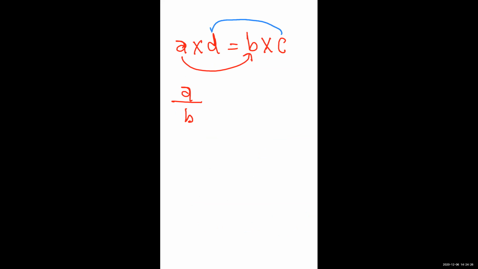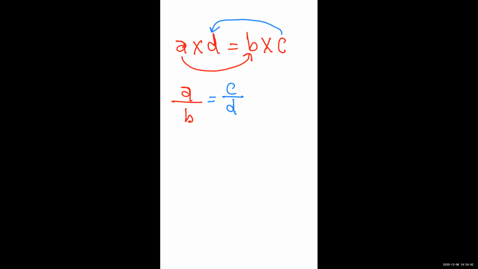If the ratio is given like this, guys, A times D equals B times C, then A over B equals C over D. This is the converse of the rule which we explained now, the product of means equals the product of extremes.